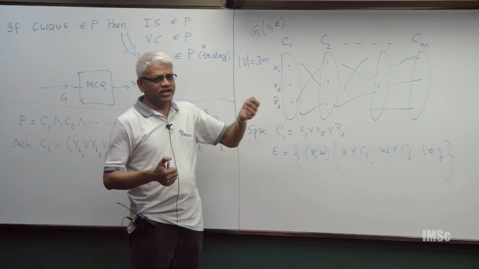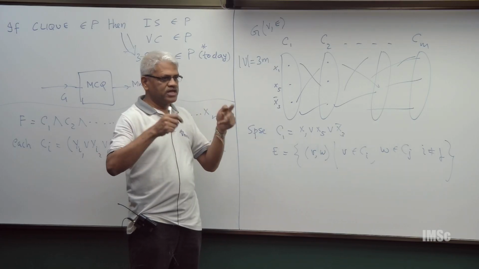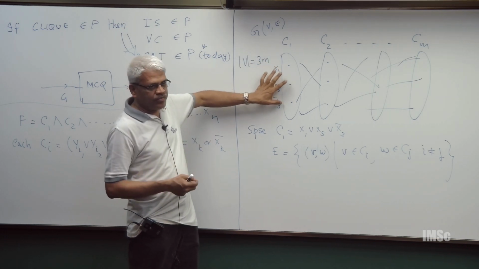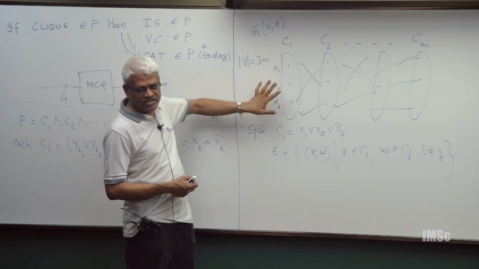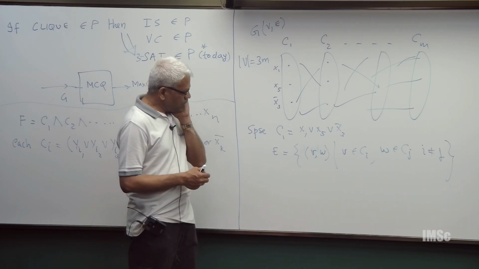So, you cannot have a clique of size m plus 1 or even more, because such a clique must necessarily pick at least 2 vertices from some set, and I made sure that there are no edges within each set. So, the maximum clique it can have is m.